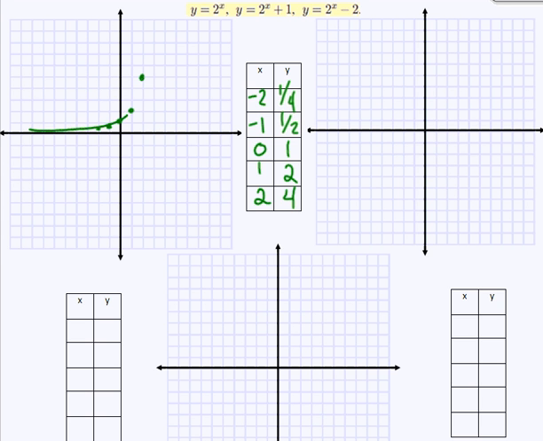Okay, so this is y equals 2 to the x. It should actually go through here. Okay. And we want to graph y equals 2 to the x plus 1. So let's use this t-chart here.